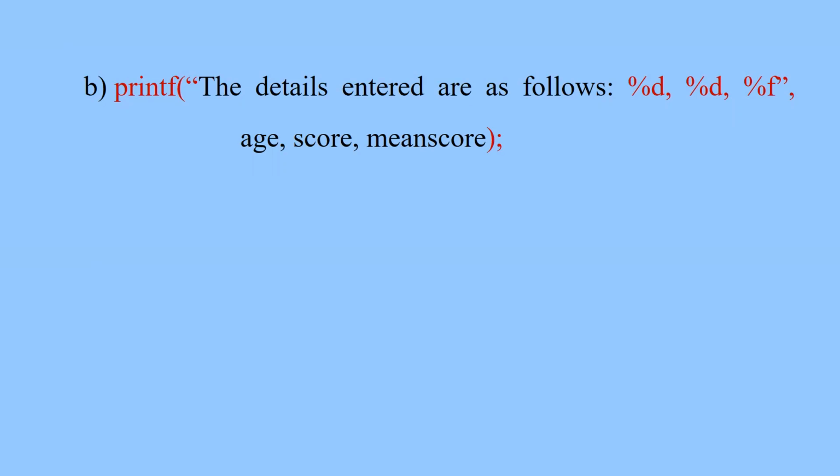So part of that statement are 3 values. 1 value for age, which is an integer. The next value is score, which is an integer, and mean score, which is a float, a real number.